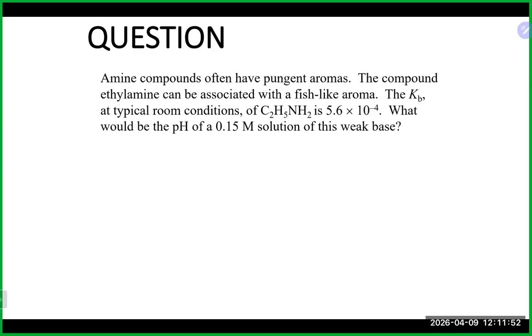Okay, so let's see how you're doing. In this case, we've got a Kb, which tells us it's a weak base, and that means we need a little dissociation reaction. Remember, as I mentioned, with the weak bases I would include the water with it, just to visualize where it comes from.